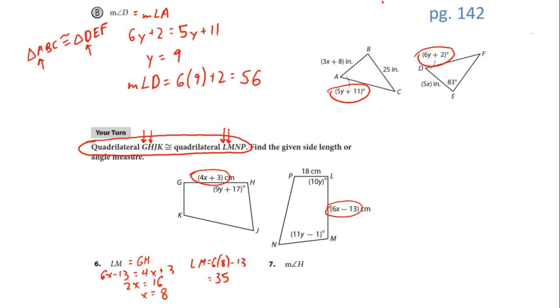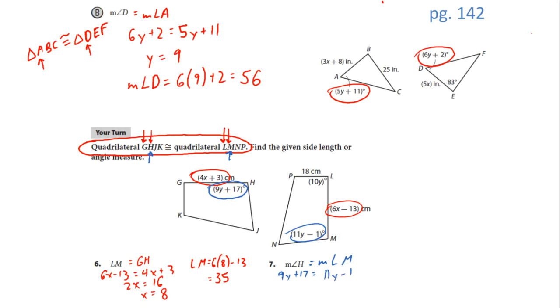And then angle H, I'm going to notice that angle H is in the same spot as angle M. So the measure of angle H equals the measure of angle M. Looking at my picture, H has this equation, 9y plus 17. Angle M has this equation, 11y minus 1.